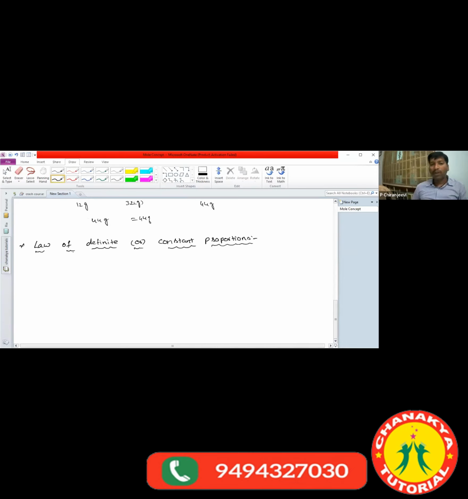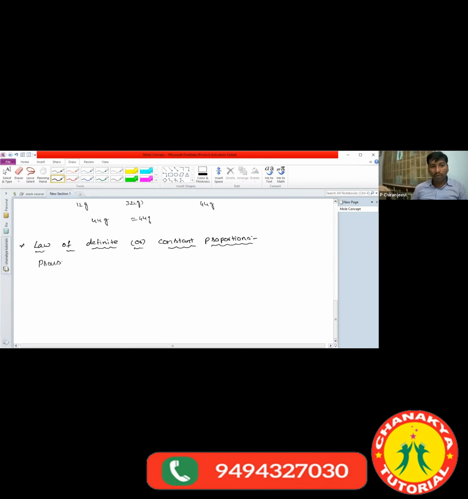If you take any chemical compound, the elements are present in a simple ratio. They combine in a fixed ratio. That is what we call definite or constant proportion. Who proposed the law of definite proportion? Proust.